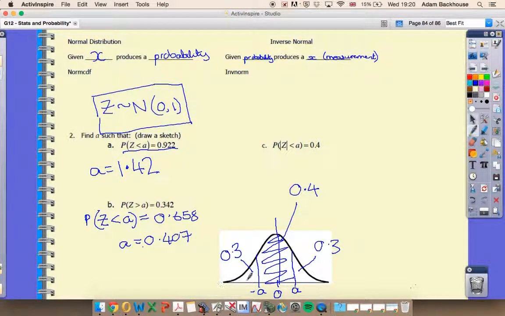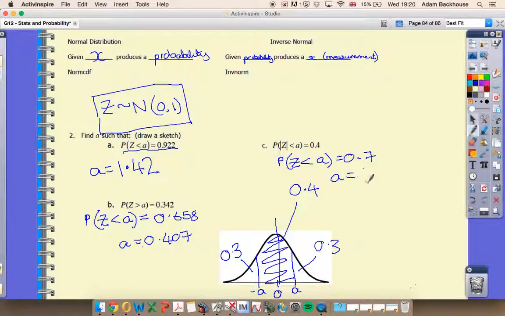I can count up to negative a and say that my area is equal to 0.3, or I could count up to positive a and think about all of this probability space. So this probability space is 0.3 and 0.4. So I think I'm going to go for that. Then I don't need to worry about any negatives. So the probability that z is less than a is 0.7.